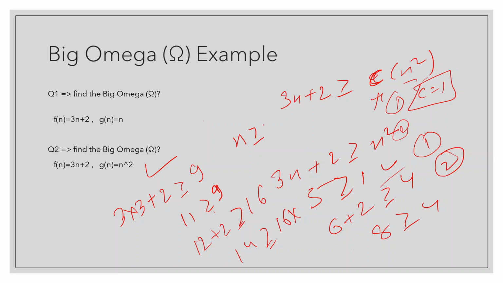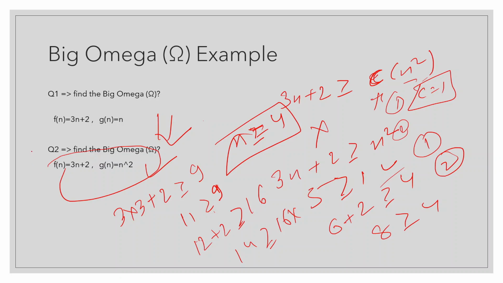For n is equal to 4 it is not satisfied, so we are unable to find omega for this condition. We are unable to find omega for this question because we already know this is n square. How can our function go beyond this, because it's already a larger term and this is less? The n is smaller than n square. That's why the omega condition is not satisfied. By seeing this, you can easily say that we can't find omega for this question.